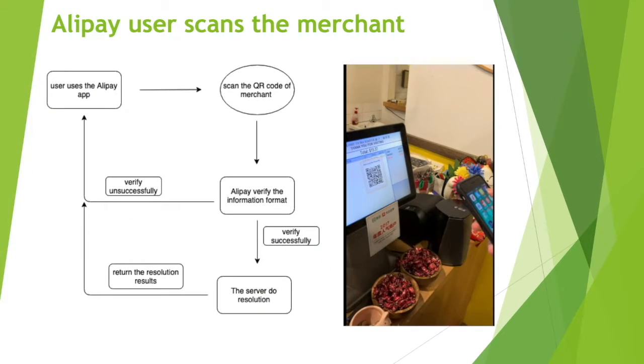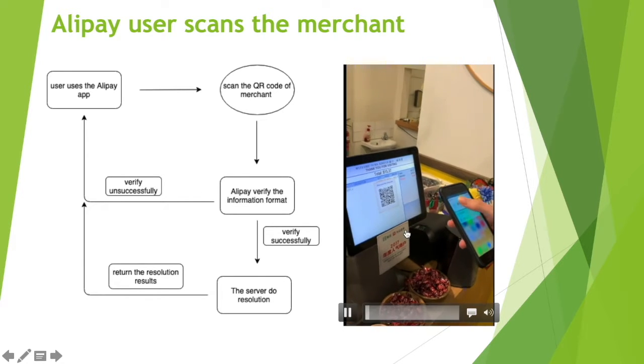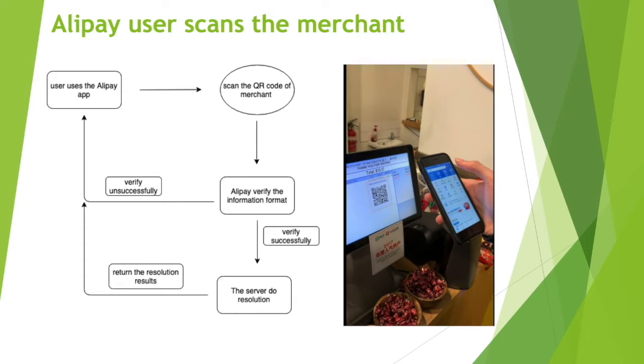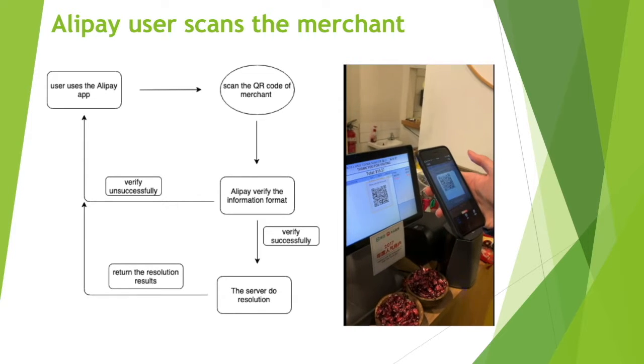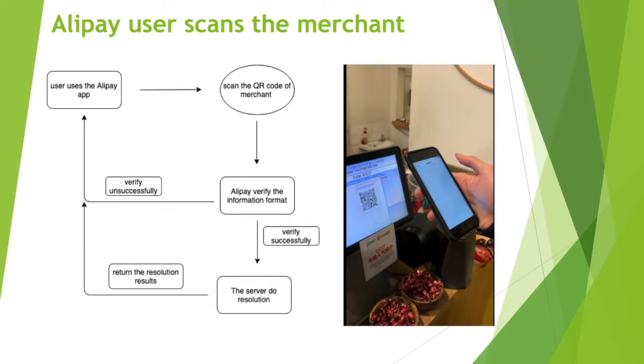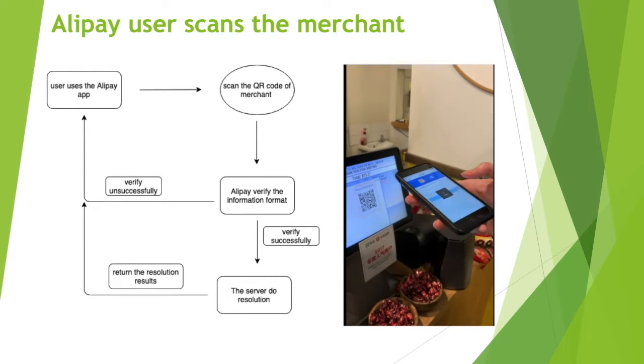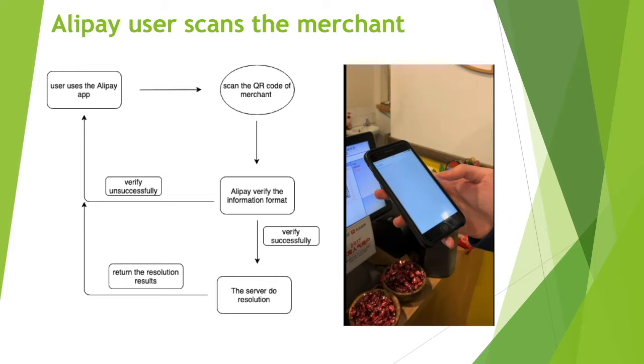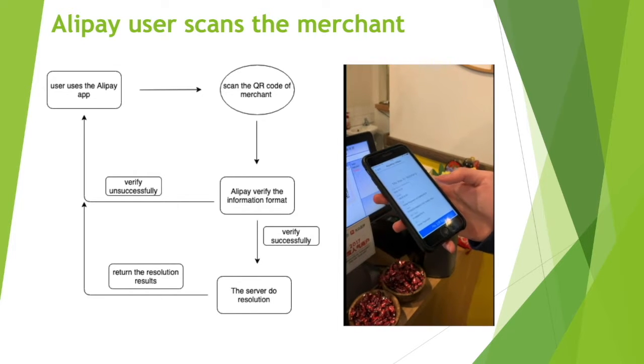I will introduce Alipay user scans the merchant. First, the merchant generates the QR code. As the video shows, the user will open the Alipay app. Then, user will use the mobile phone's camera to scan the QR code of merchant. Next, Alipay app will verify the information format.